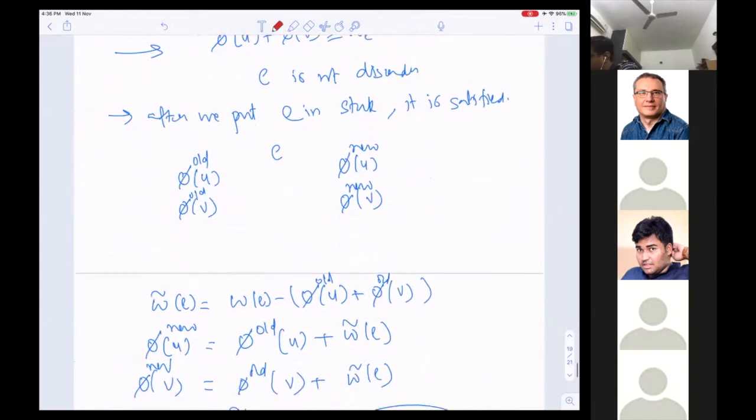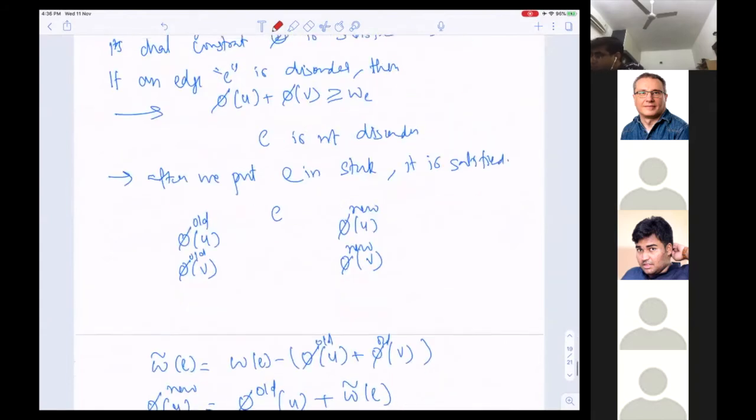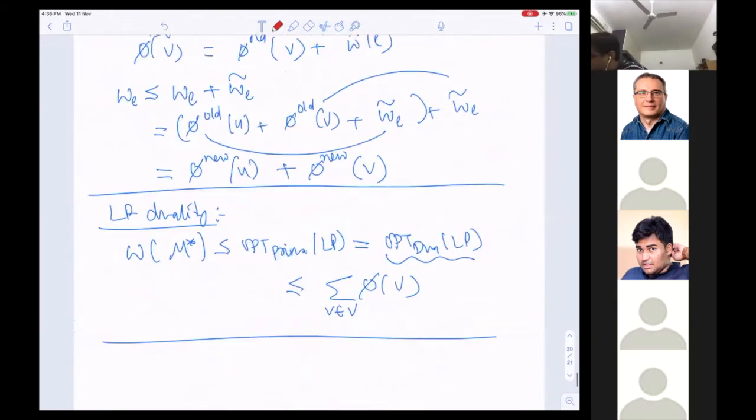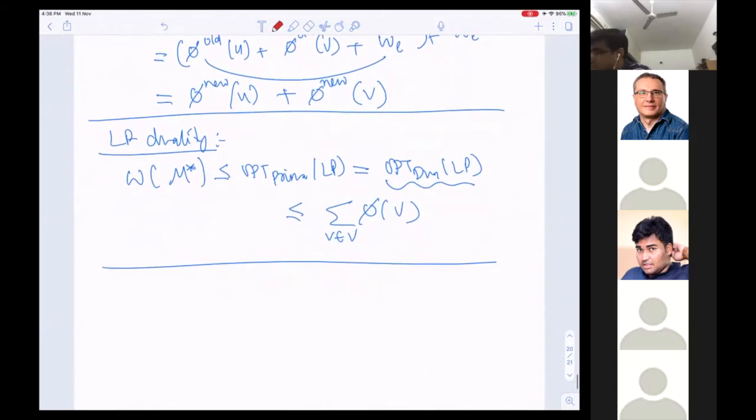Now, if an edge E is discarded, I'm going to show you that I cannot say this inequality here, but I have a weaker inequality. And what is this weaker inequality?